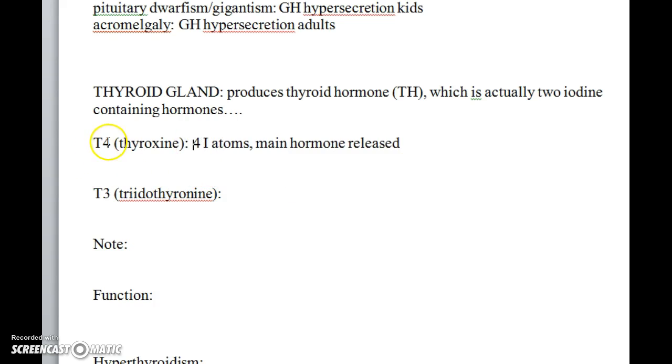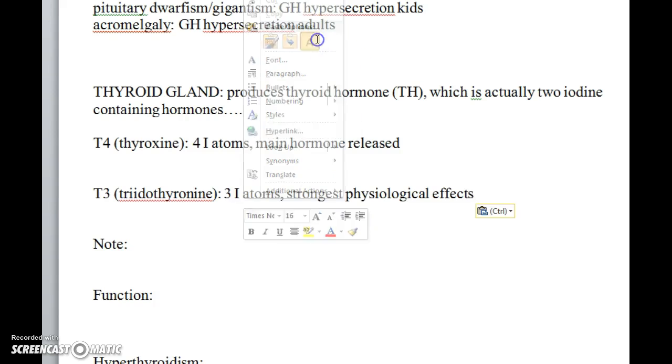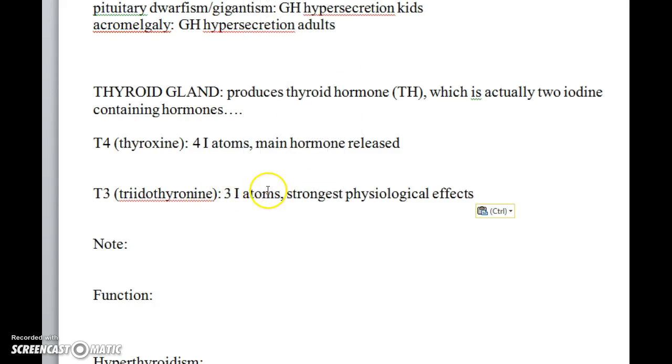It's called T4 because it's got 4 iodine atoms on it. And this is the main hormone that's released by the thyroid gland. So you can probably guess at least part of what we're going to write down for T3. T3 has got 3 iodine atoms. And here it says it has the strongest physiological effect, so it's a little more potent.